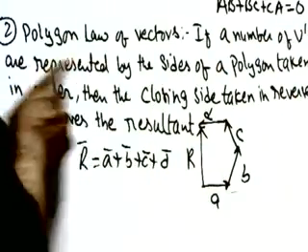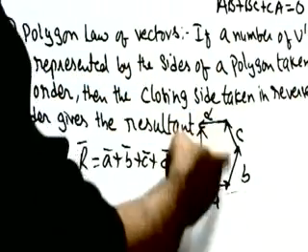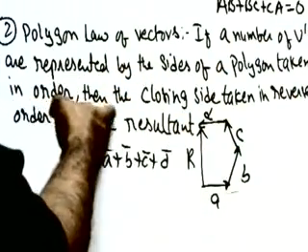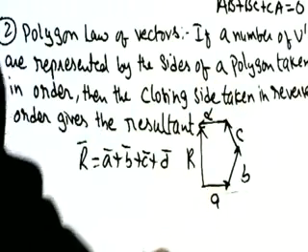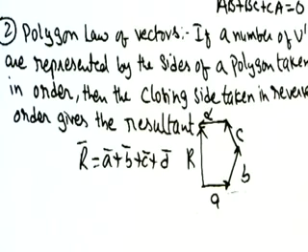If a number of vectors are represented by the sides of a polygon taken in order, then the closing side taken in reversed order gives the resultant. This is called the polygon law of vectors.